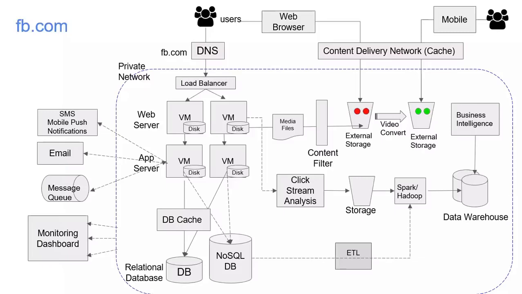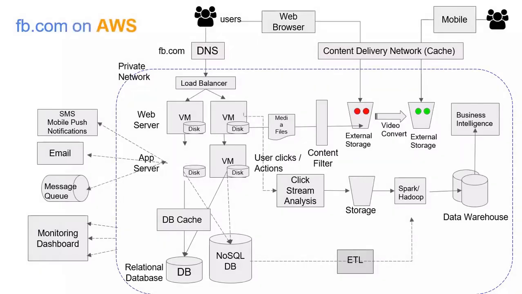And now let's see if we want to do the same thing on AWS, then how we will do this. We want to do this now on AWS. So let's see. First thing, this private network, what you see here, in the AWS world is called a VPC, Virtual Private Cloud.